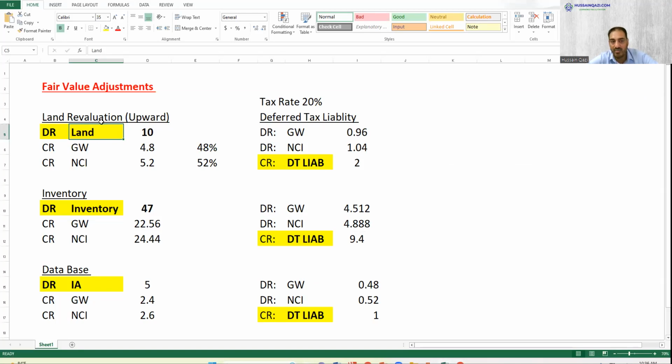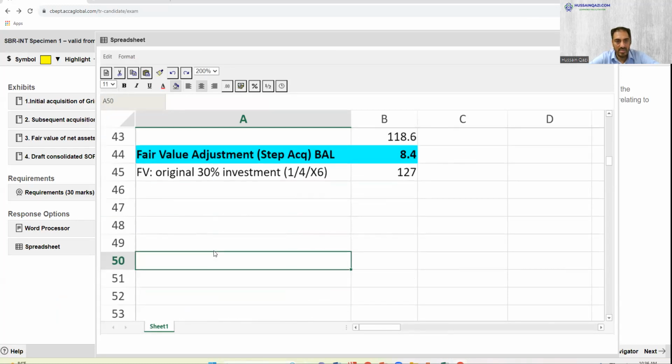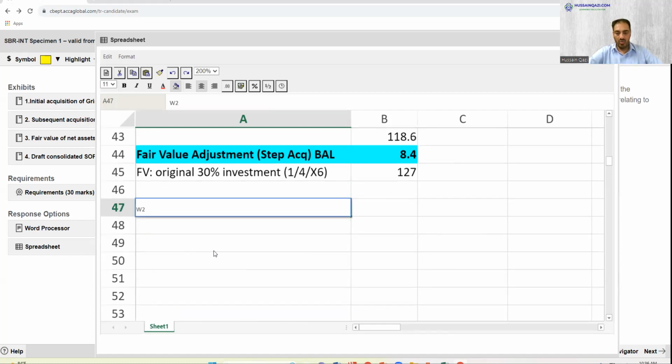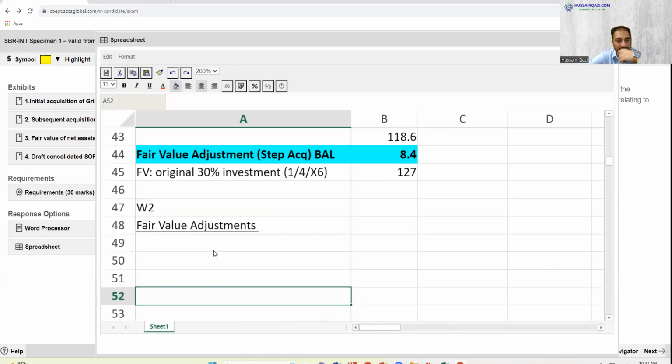By the way, the fair value, previous example we have already covered. The land increased by this value, inventory increased by this value, intangible assets increased by this value, all these things. But you have to mention the fair value adjustments.